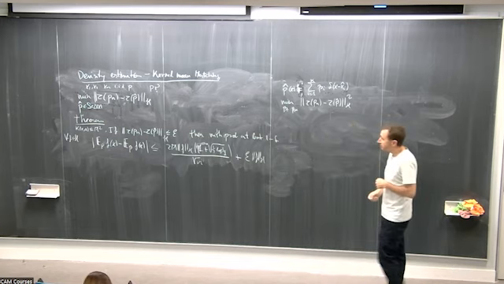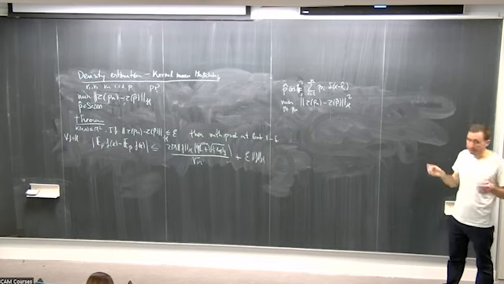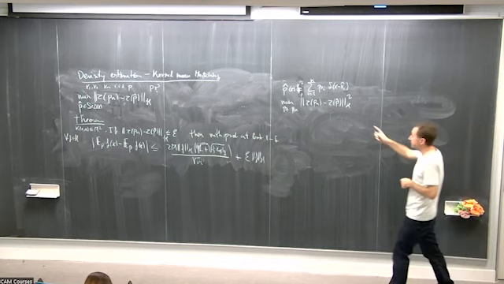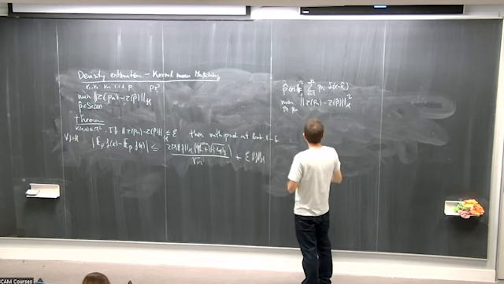Let's do the optimization with the square, so we avoid the square roots. Of course, it doesn't matter, right? Because this is increasing, because these are positive numbers.